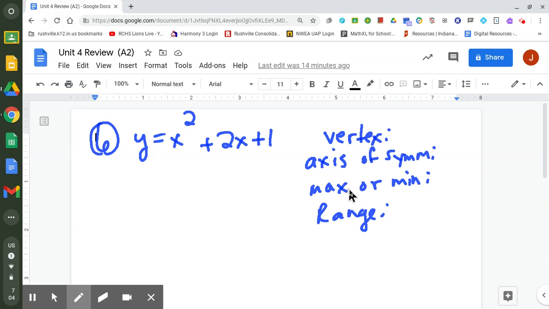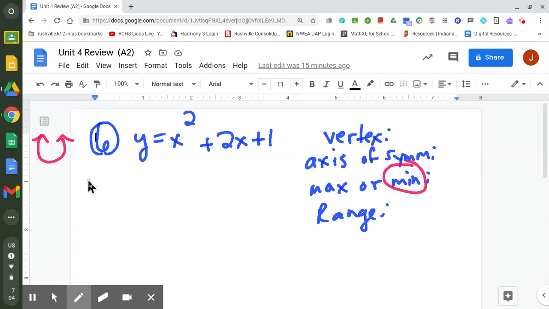Now we could tell if it is a max or a min because since the equation is positive, I know that my parabola would open upward. So I know that I'm going to have a minimum. I just don't know what it's going to be yet. So we can put this into Desmos and find the vertex.